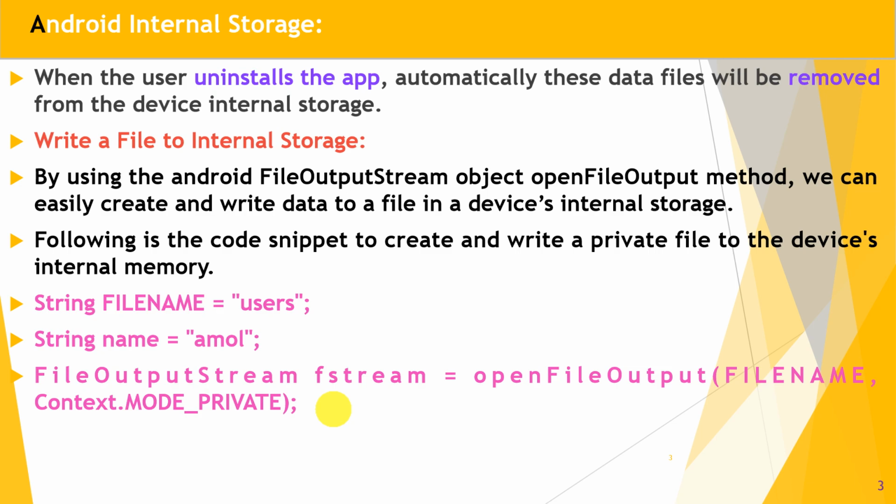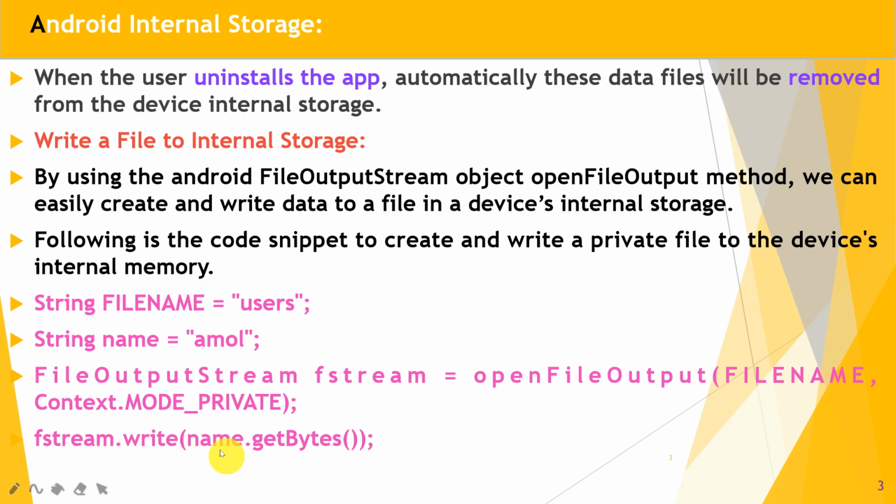Great. So create the object of the FileOutputStream, that is fstream, by using the openFileOutput method. And how many arguments we have to pass? Two arguments, one is the file name and second one is the context, which is MODE_PRIVATE. Great. After that, fstream.write, using the write method, you have to write the data into the file.